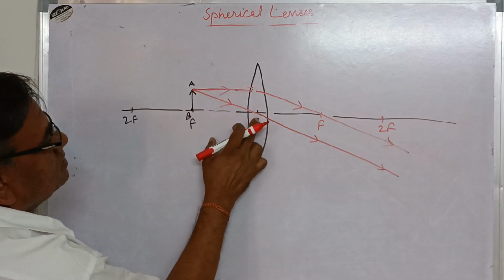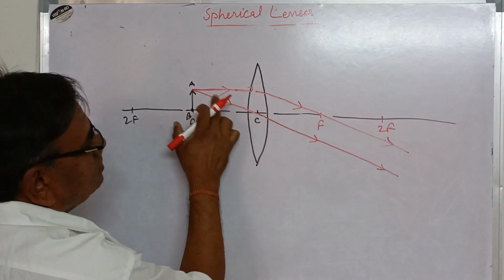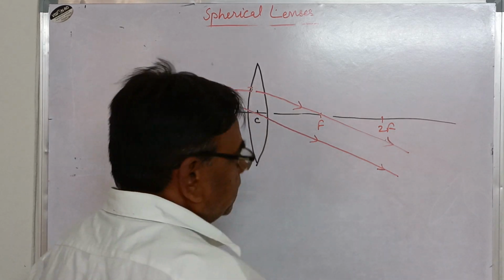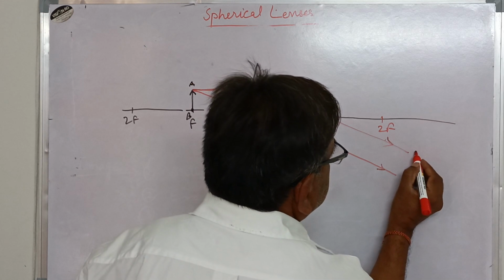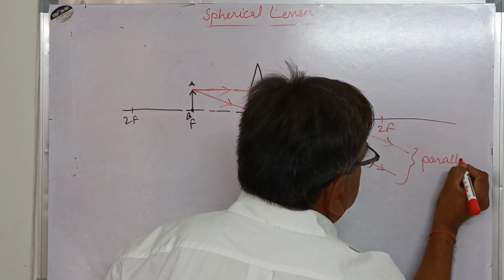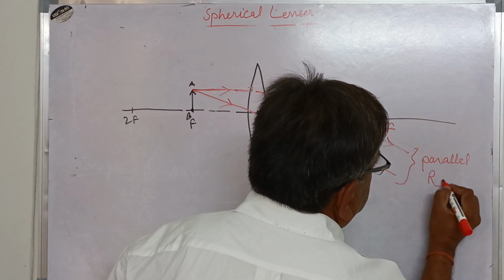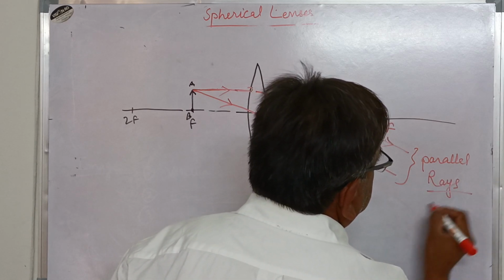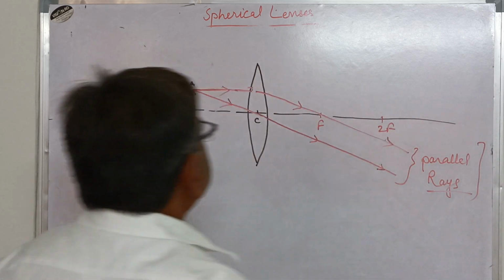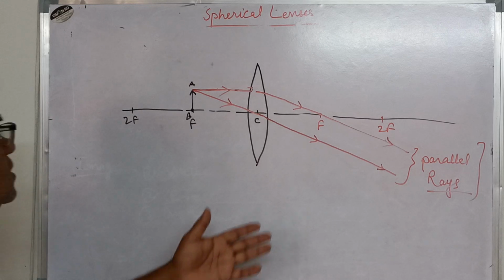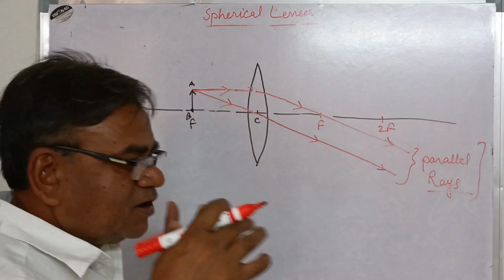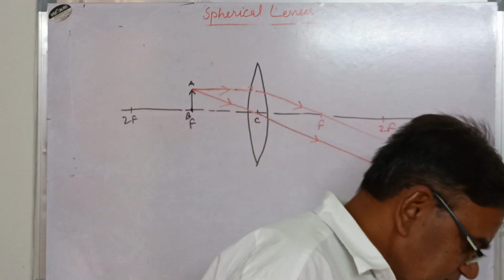This one is passing from the center, optical center, so this will pass straight. And practically we find that these are parallel rays. Refracted rays are parallel. So where these rays will meet, it is assumed that they will meet at very far off distance, at infinity.